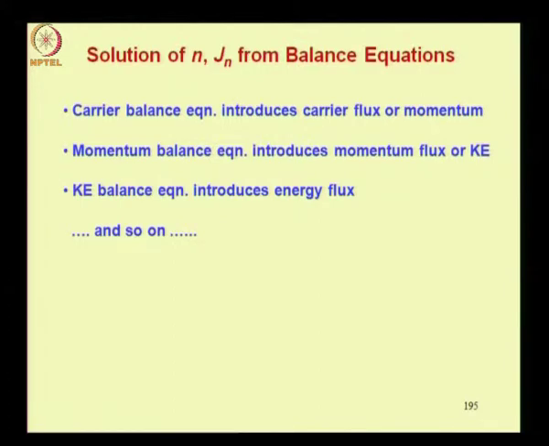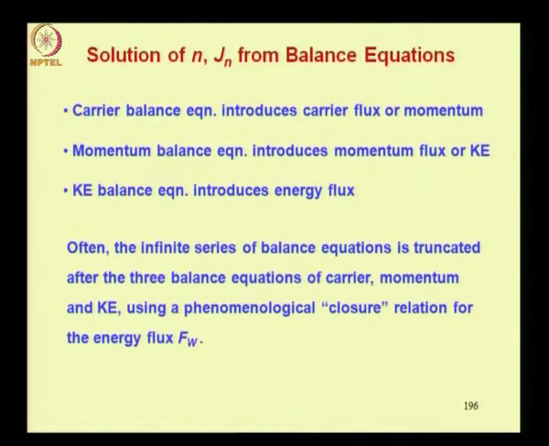The carrier balance equation introduces the carrier flux, the momentum balance equation introduces the momentum flux or kinetic energy, and the kinetic energy balance equation introduces the energy flux. The way out is the following. Often the infinite series of balance equations is truncated after three balance equations, of carrier, momentum, and kinetic energy, using a phenomenological closure relation for the energy flux Fw.